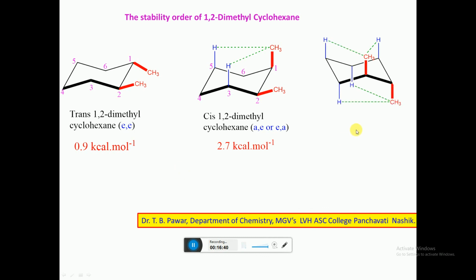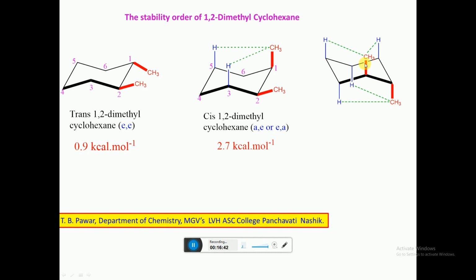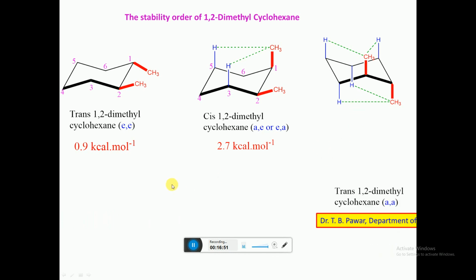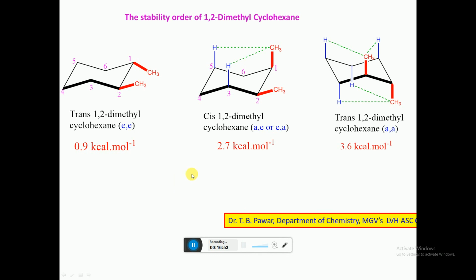Now in the other trans isomer, both methyl groups are in an axial position, so the interactions are more, with 4 gauche interactions, giving 3.6 kilocalorie per mole.